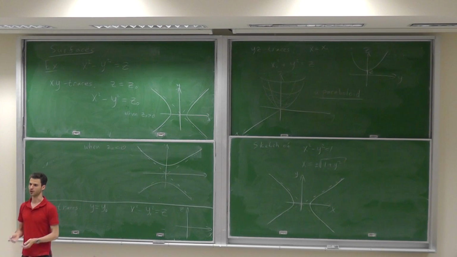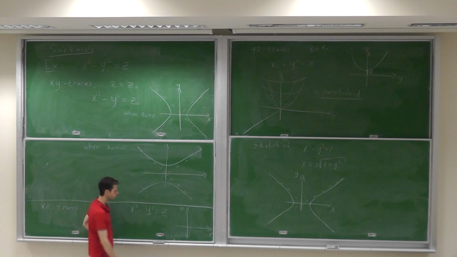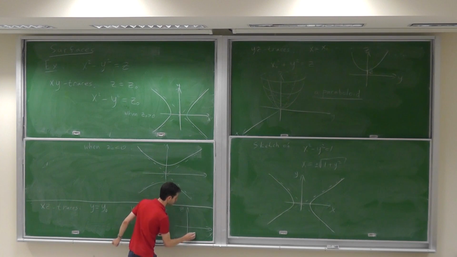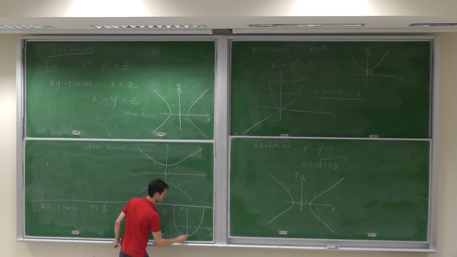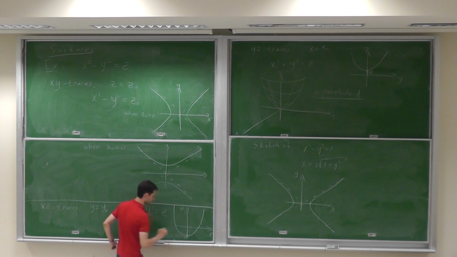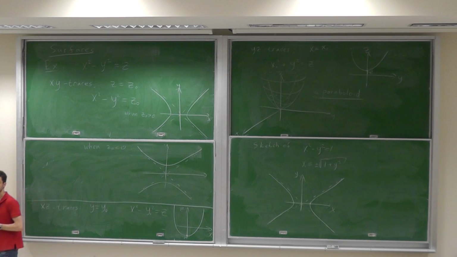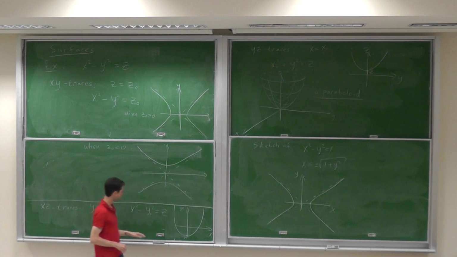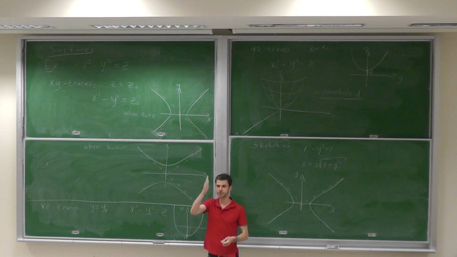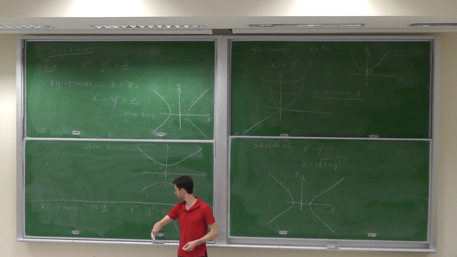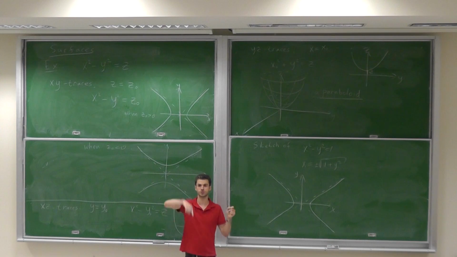Well, it's a parabola like this. This is minus 1 squared. So at least in this direction, y equal to y naught, in such planes, we are talking about a bunch of parabolas.